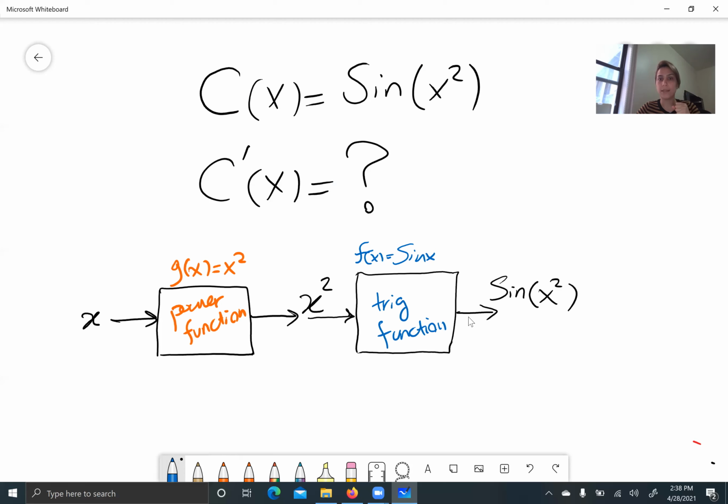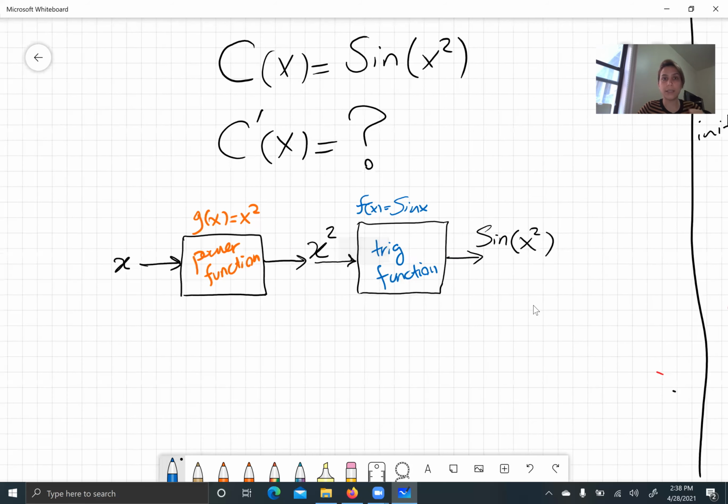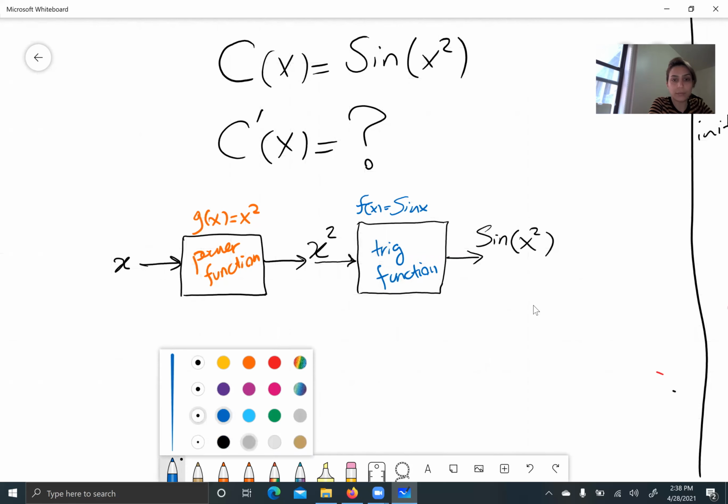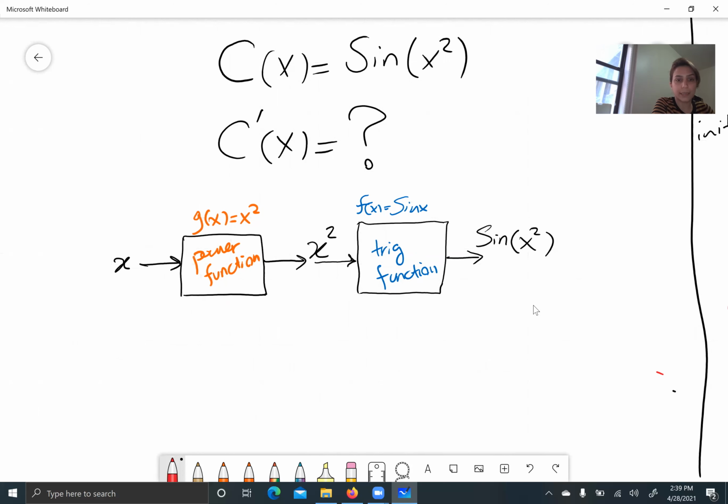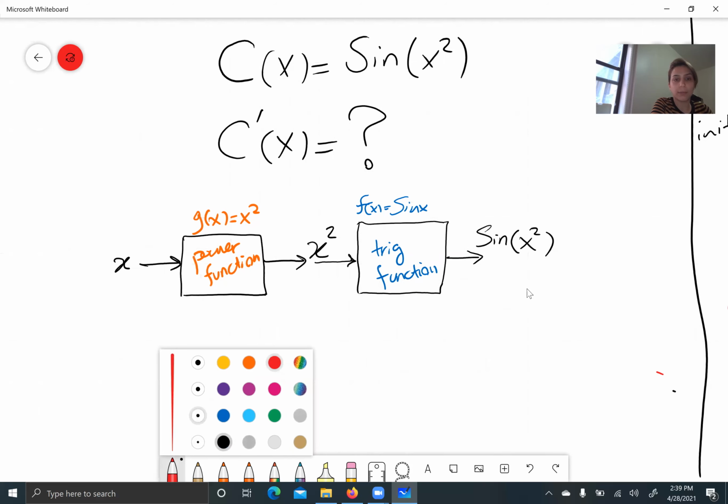Now let's take the derivative. Let's apply the chain rule. What does the chain rule say? Let me first rewrite this composition.